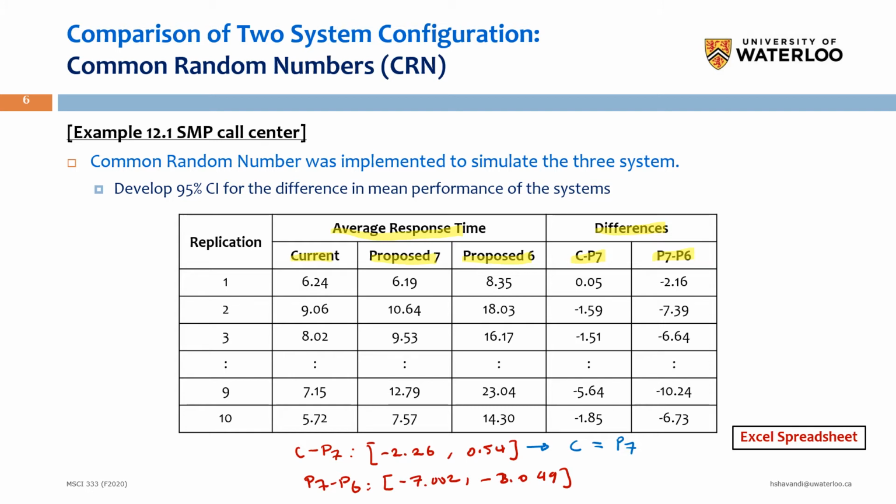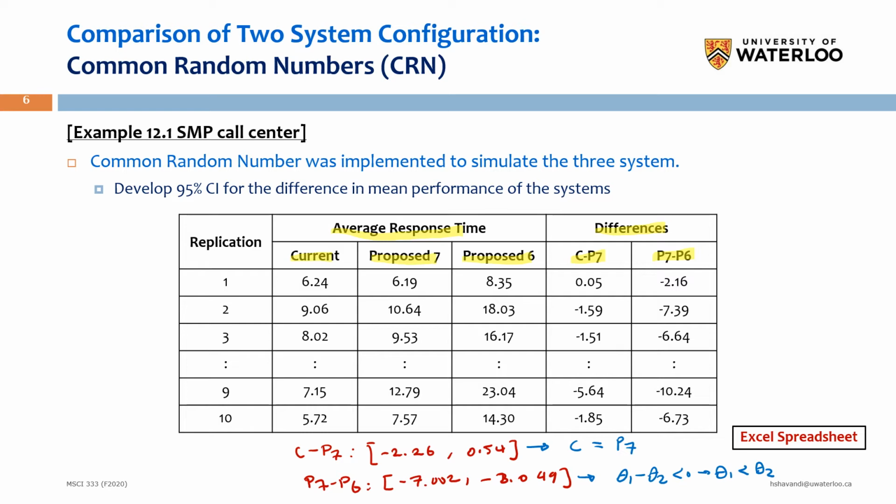Okay, but in comparison between the proposed system with 7 operators and 6 operators, as you see here, the confidence interval is all negative, so it lies on the left side of the 0. So this means that theta 1 minus theta 2 is negative, so theta 1 is less than theta 2.